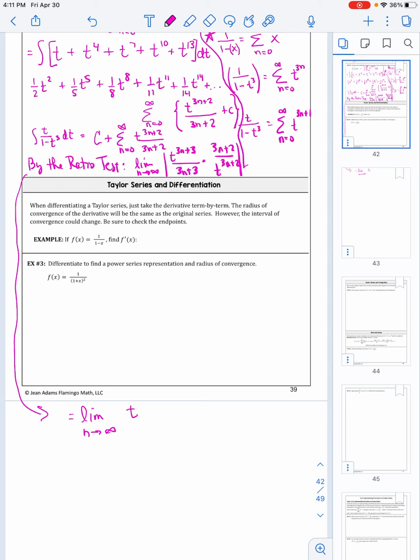We look at our t to the 3n plus 3 over t to the 3n plus 2. That's going to leave you with t. And then 3n plus 2 divided by 3n plus 3 is actually going to go to 1 as n goes to infinity, because you would really be focusing on the 3n over 3n, and that goes to 1.